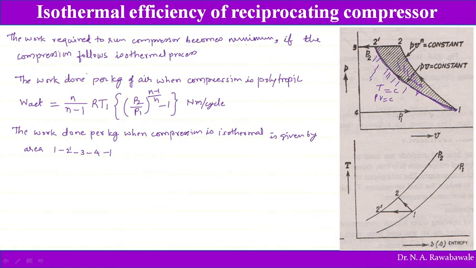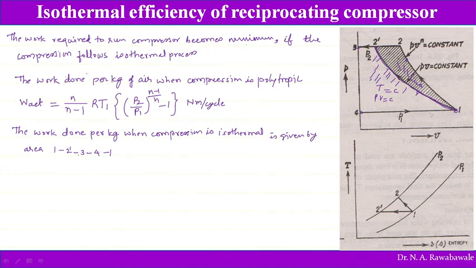So this area 1, 2 dash, 3, 4 and 1 gives the work done during the isothermal process. If it follows the polytropic process, the area 1, 2, 3, 4, 1 gives the work done required in the polytropic compression.